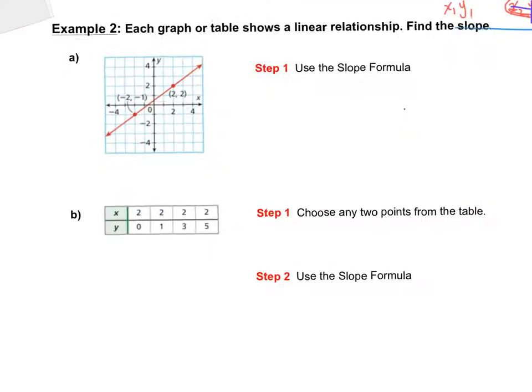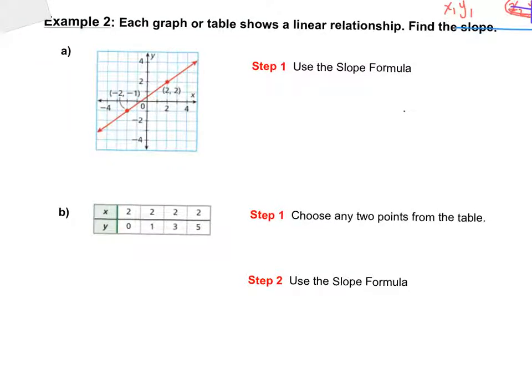Now they're giving me a graph, and it shows me that this graph shows a linear relationship, and I could tell because I'm looking at it and it looks like a line. And it wants me to find the slope using the slope formula. Now, the slope of a line is the change of y over the change of x.